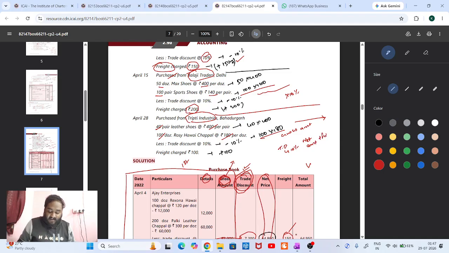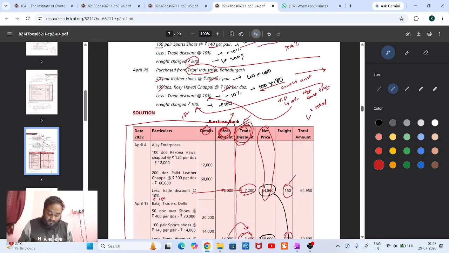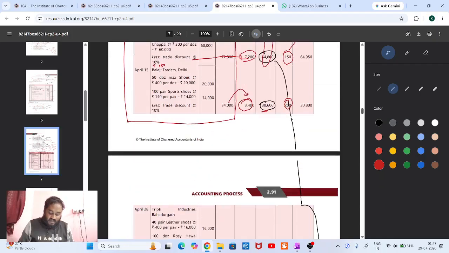Then we add freight, that equals the total amount. That is what we did. In freight, we add this. In trade discount, we subtract this amount. That is what they have done.